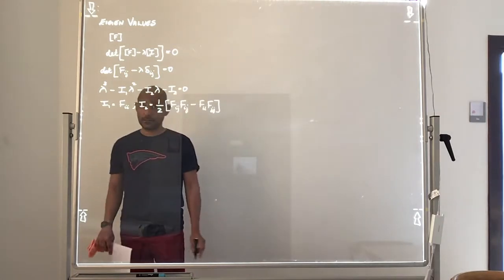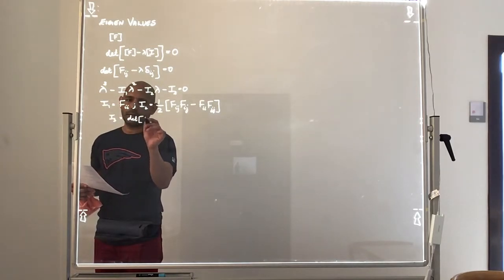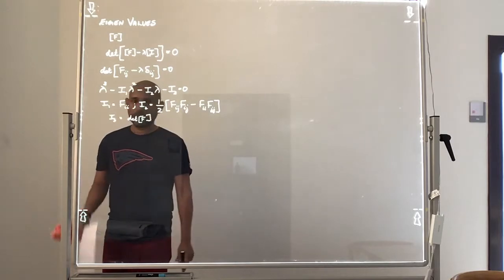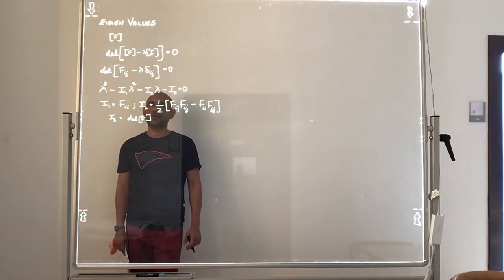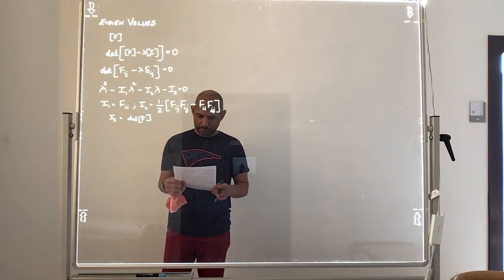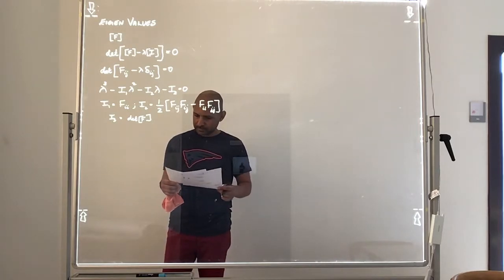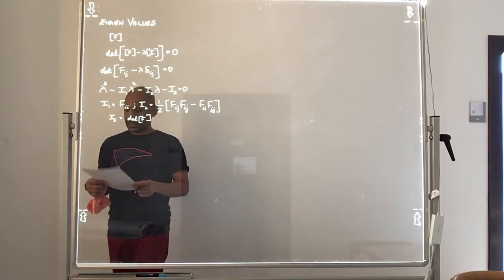This too has a physical meaning, and I3 is the determinant of F. Okay, I'll leave it at that for now, because eigenvalue scares people for some reason. So we will skip that. Okay, moving on.